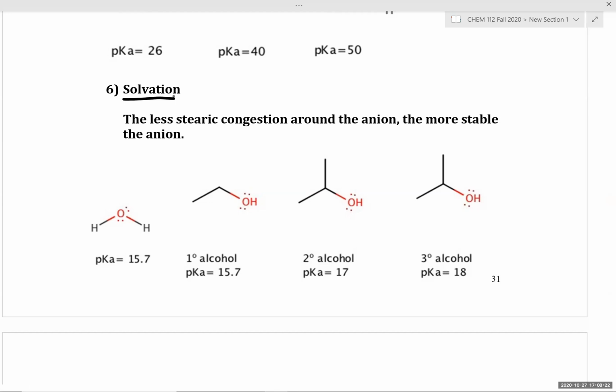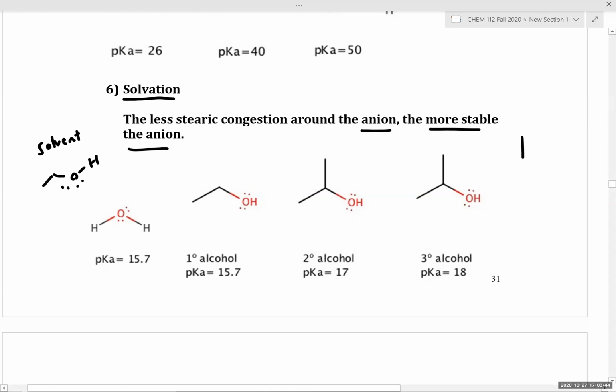So, solvation is based on this idea that if you have your solvent, let's look at a theoretical solvent, like for example, ethanol, okay? Now, the less steric congestion we have around our anion, the more stable the anion.